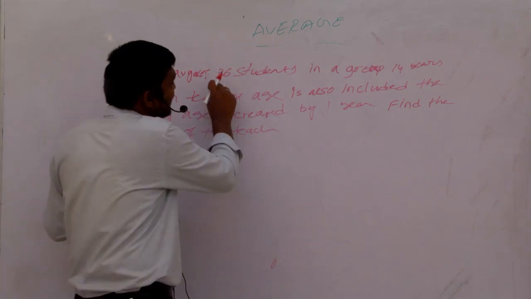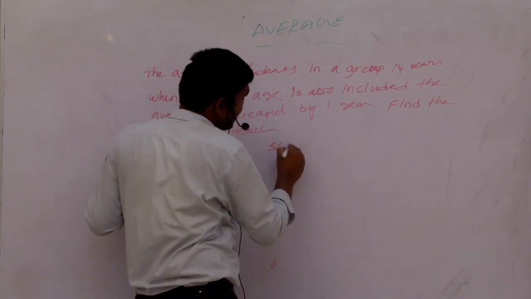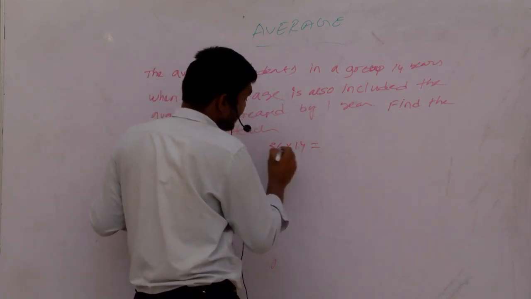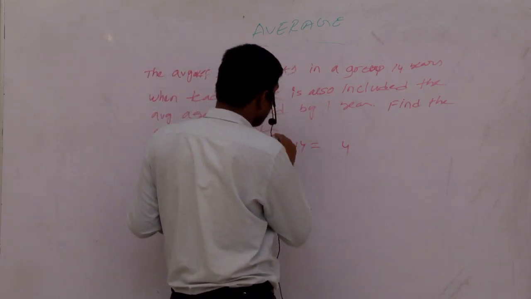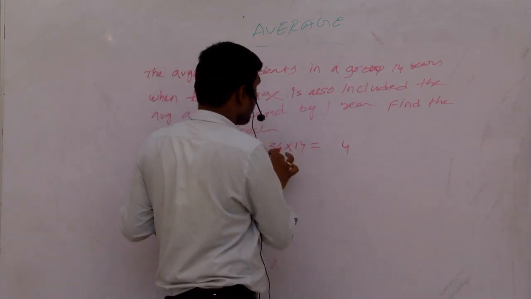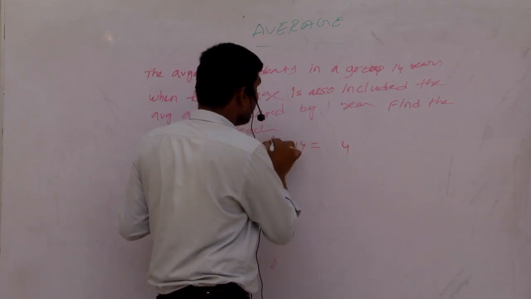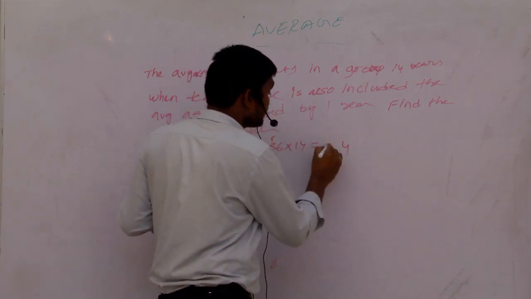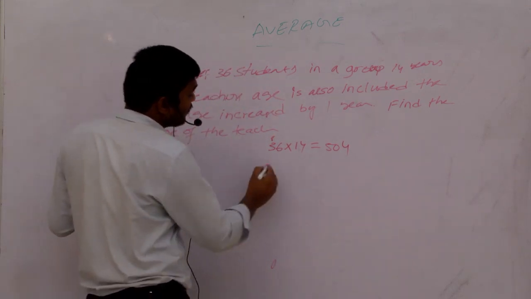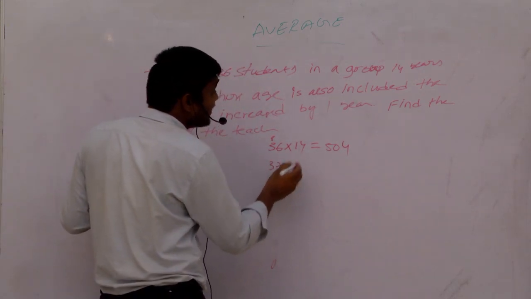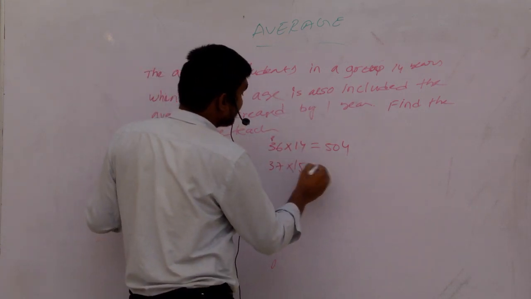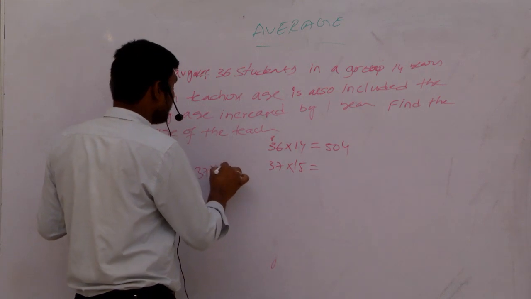So in a class there are 36 students, so 36 into 14. 14 times 6 is 84, 14 times 3 is 42, that is 504. So when the teacher is also included, that is 37, and the average is increased by 1, that's why this is 15. So 37 into 15.